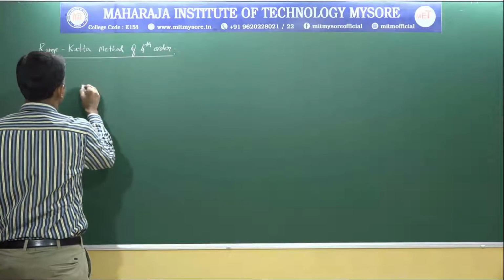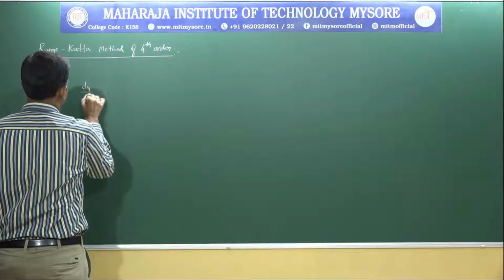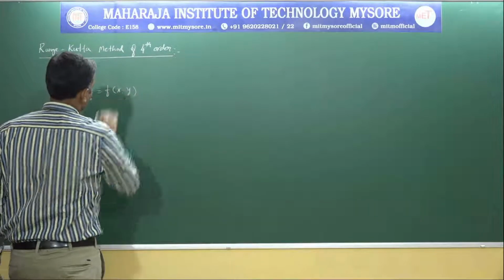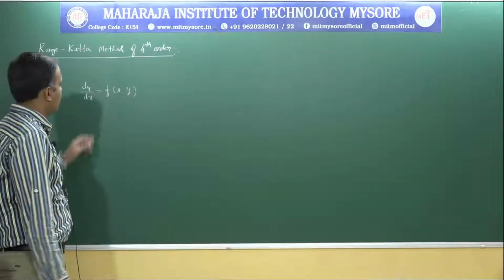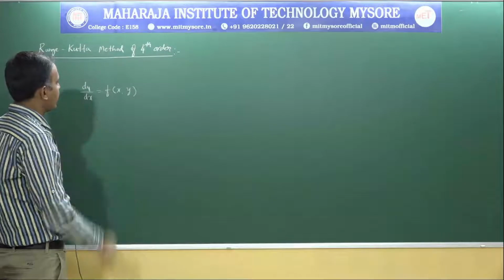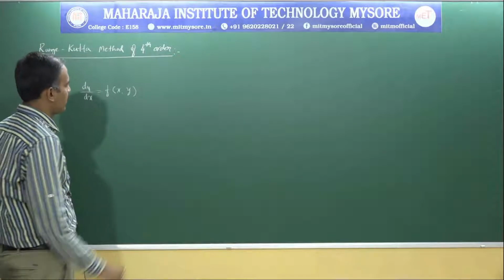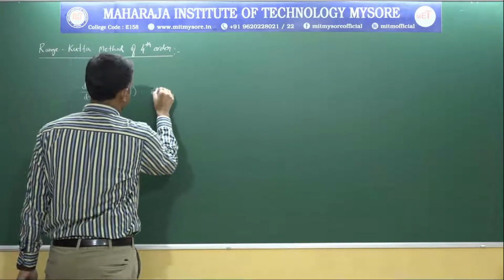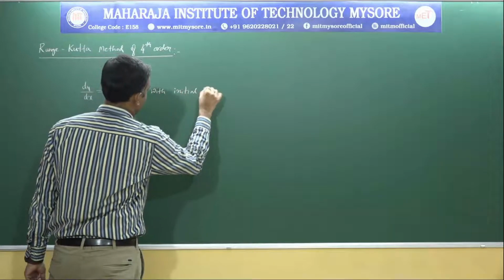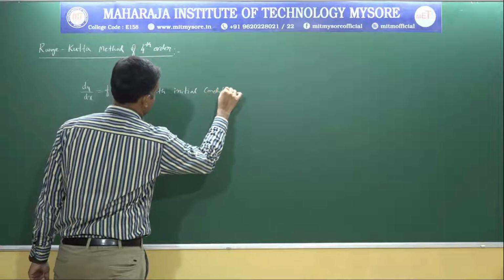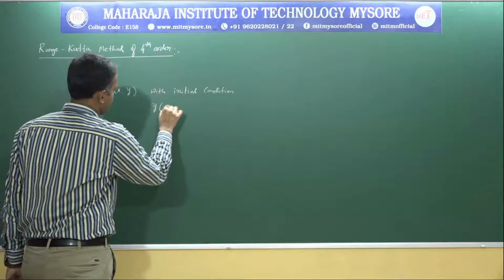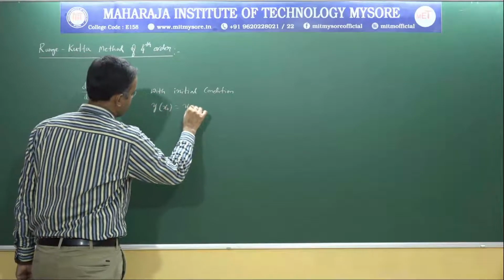Here we consider, in general, the differential equation in the form dy by dx is equal to f of x comma y with the initial condition y of x naught is equal to y naught.